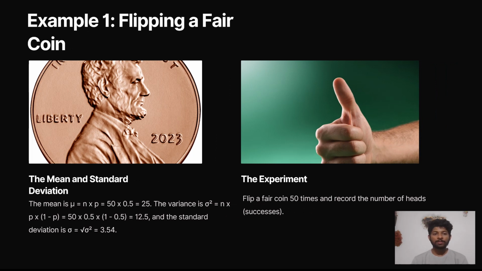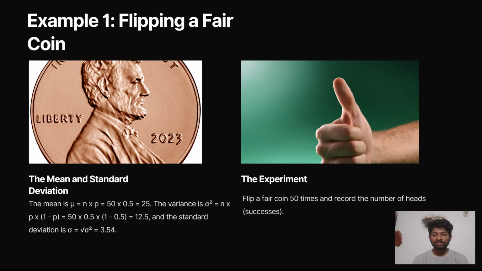So here are some examples of binomial distribution. Let's get going. Example number 1. Flipping a fair coin. The experiment is that a fair coin is flipped 50 times and we record the number of heads. The mean and standard deviation of this are calculated.